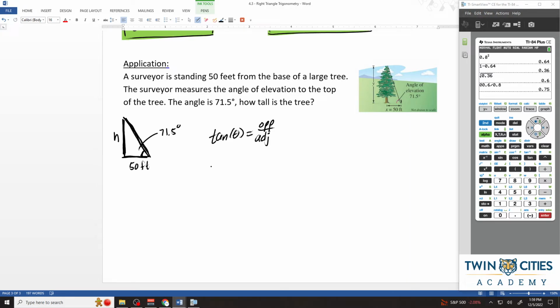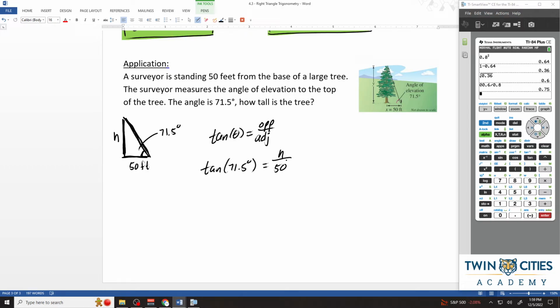So in this particular problem, the tangent of theta, which is 71.5 degrees, is going to be equal to the opposite side length, I labeled h for the height of this tree, over the adjacent, which is 50 feet. Well, I'm solving for the height of the tree, so I'm solving for h.